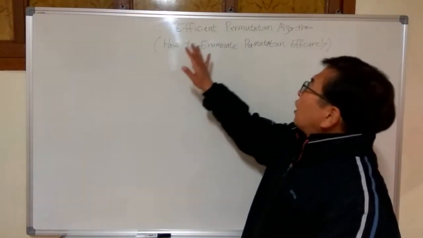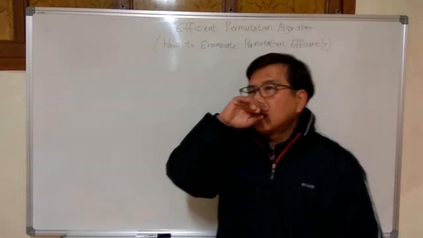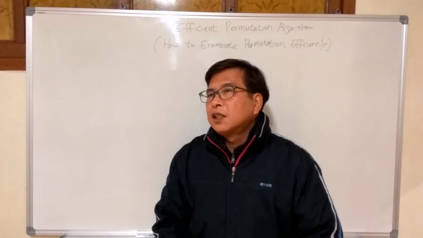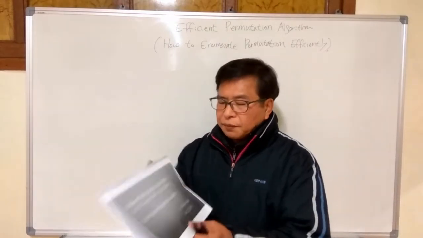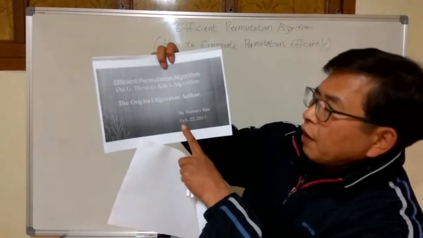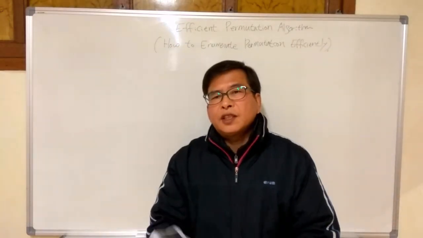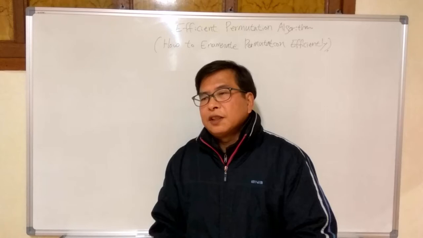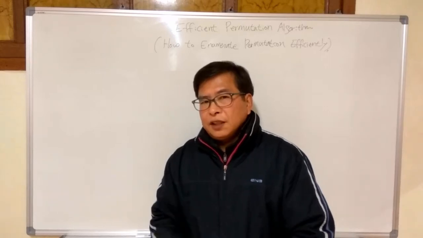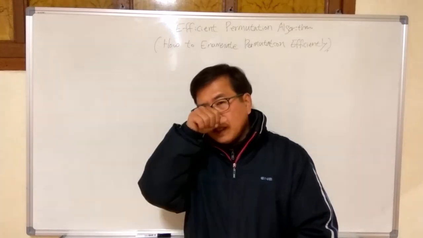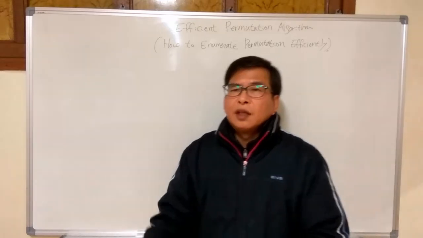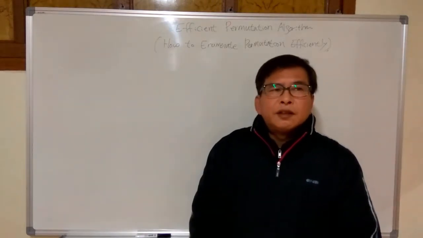This algorithm, efficient permutation algorithm, I actually found on February 22nd, 2017. I mean February this year, I found this algorithm and I implemented it and I made a short YouTube video about this algorithm.